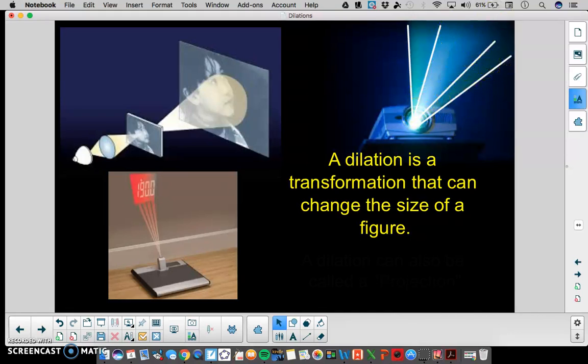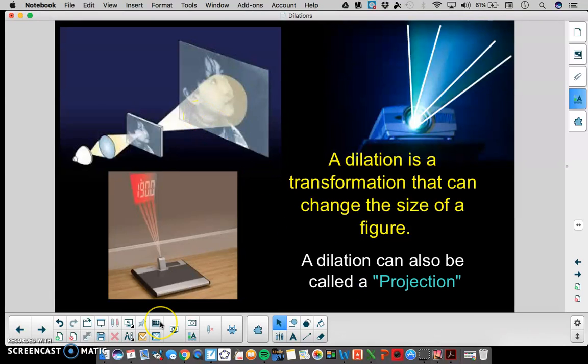And as we get further away, that image is going to get bigger. Just like this lamp here, as we get further away from that light, that picture is getting larger. A dilation can also be called a projection, and that's the terms in which we're going to perform our dilations, based on that idea of a projection.